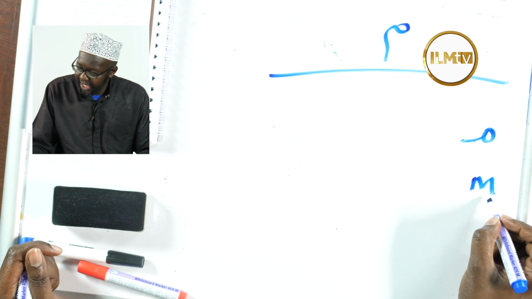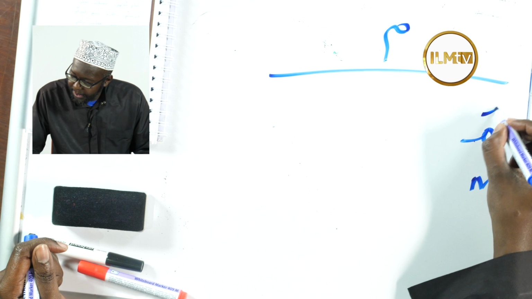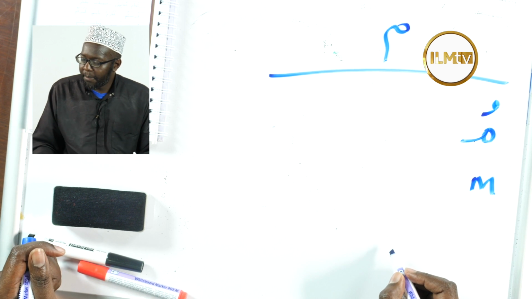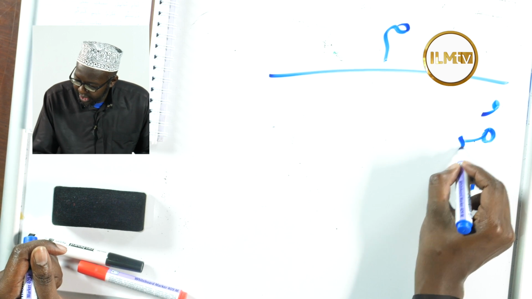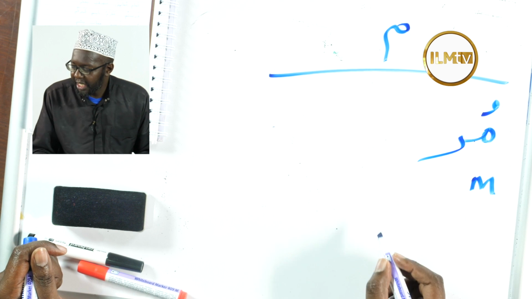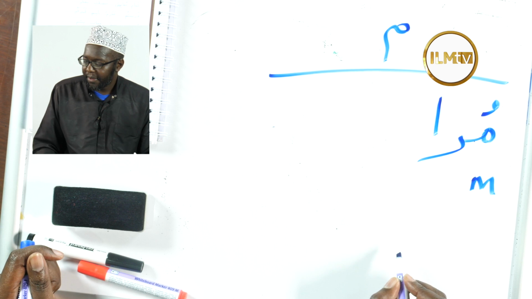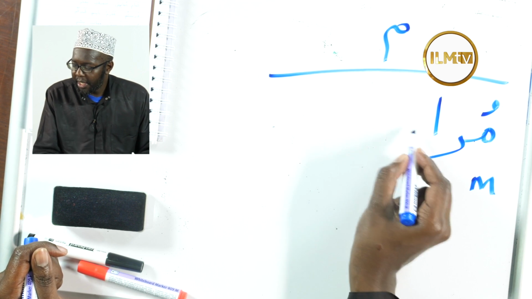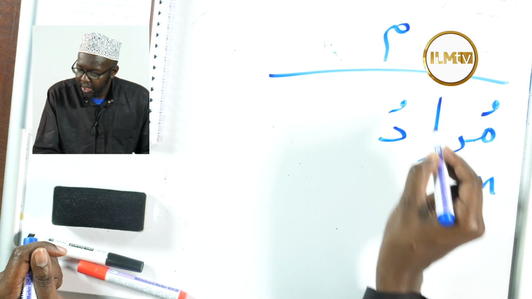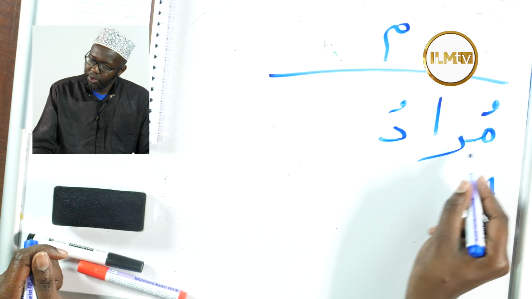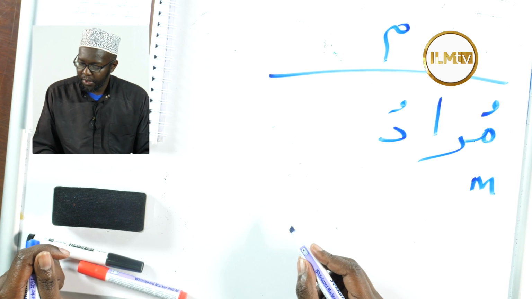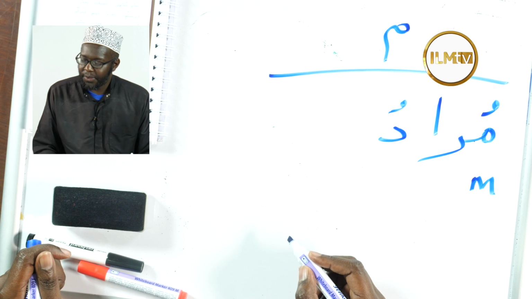When you see that, it's an M. So I have mu, okay? That's an R with a long A. Muradu.